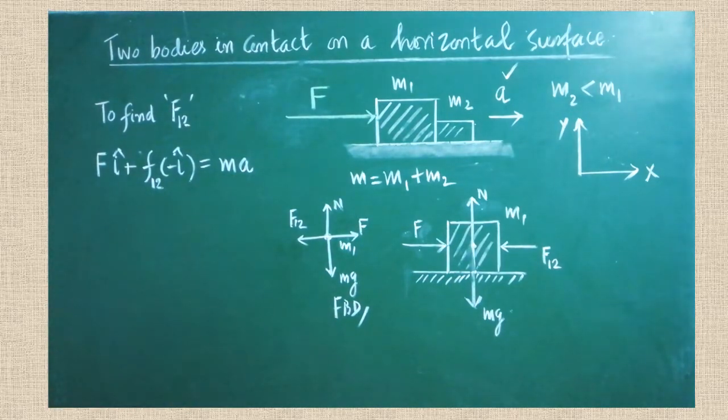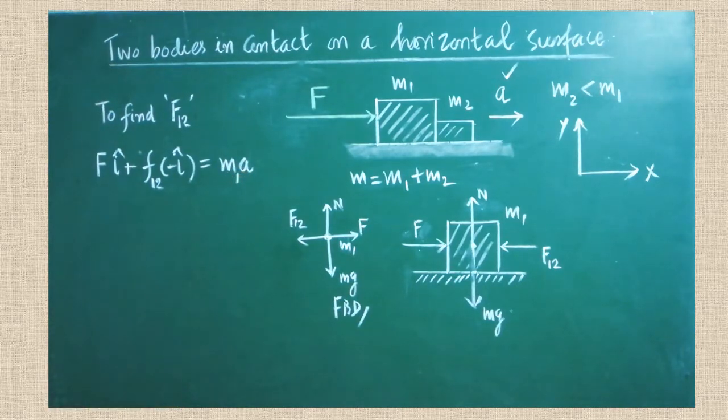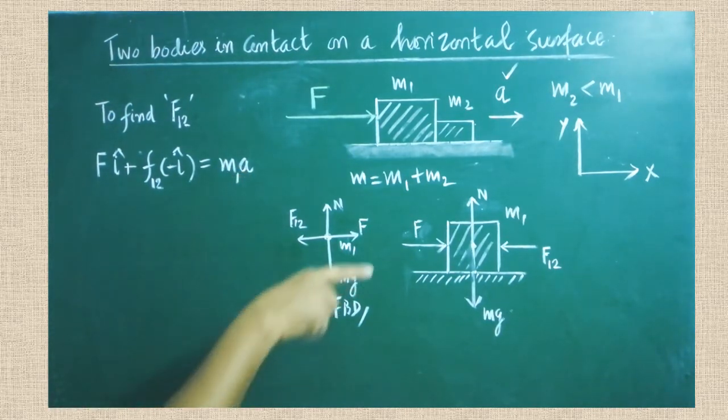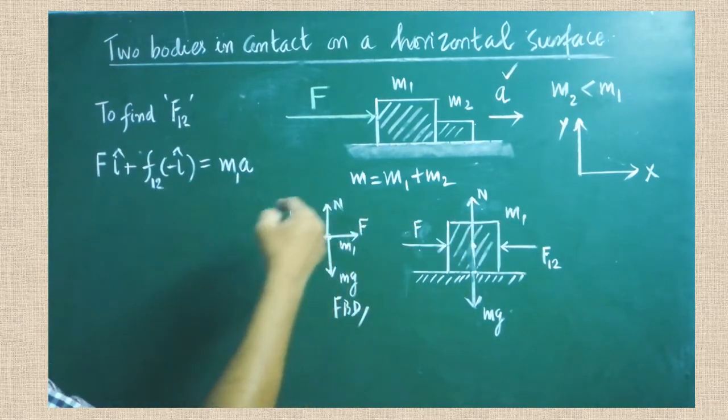MA is written because we have to find out if there is any net force acting on the system. This is to be calculated only on mass M1. Are you clear? The net force will be acting only in this direction because this one is dominating.